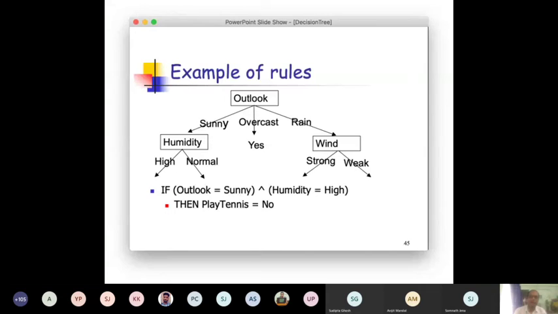Now the question is how this rule could be modified. For example, consider these two things: outlook equals sunny and humidity equals high. Those are the clauses, the conditions. These preconditions can be pruned. One of them could be retained, because these are all in conjunctive form, so one or a few of them could be kept.